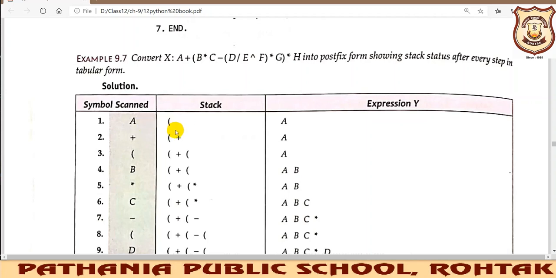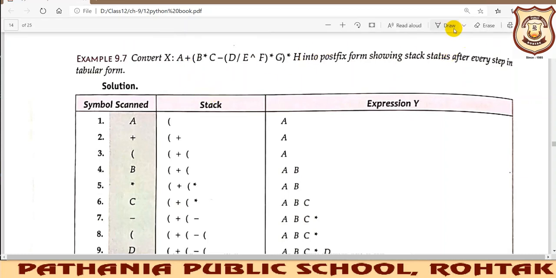Beta, initially one more important step that we must take care of and apply: we should initially put brackets to enclose the complete expression inside it. So firstly the bracket will come.